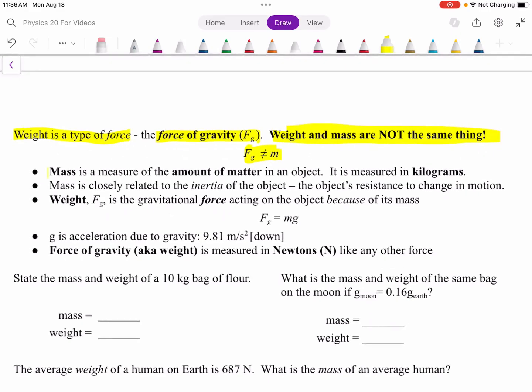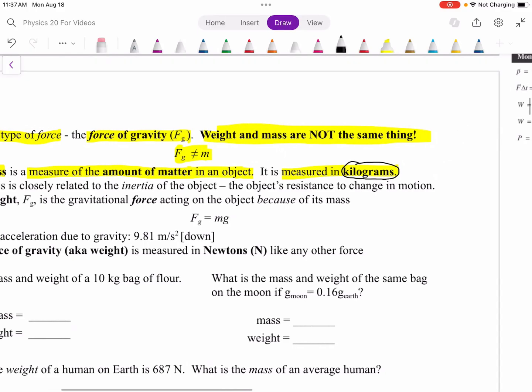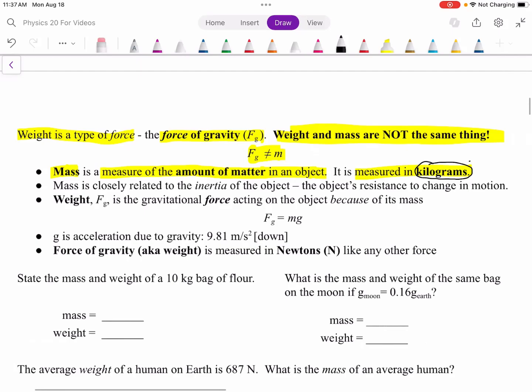Okay? So mass is a measure of the amount of matter in an object. That's all it is. It's basically saying how much stuff is there in this thing, right? Objects with more mass have more stuff. They have more matter in them, okay? It's measured in kilograms, okay? Again, important to note, sorry if you're taking chemistry where you use grams, the base unit of mass is actually kilograms, not grams, okay?